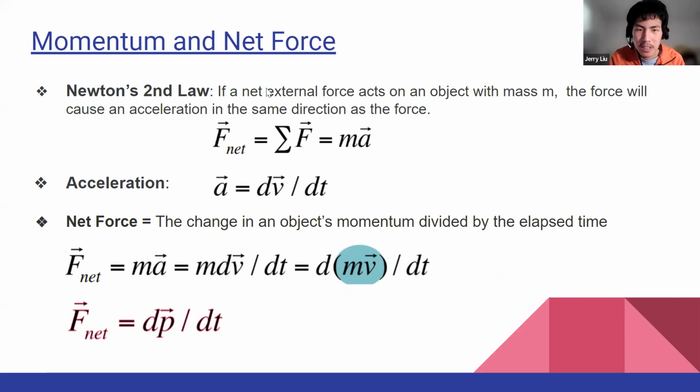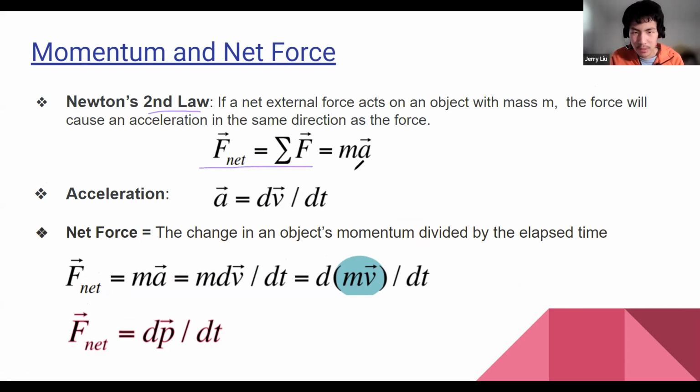Before Newton expressed his famous second law of motion with the formula F equals ma, he expressed it with momentum, where he stated that there was a proportional relationship between force and the derivative of the momentum, which is basically acceleration.